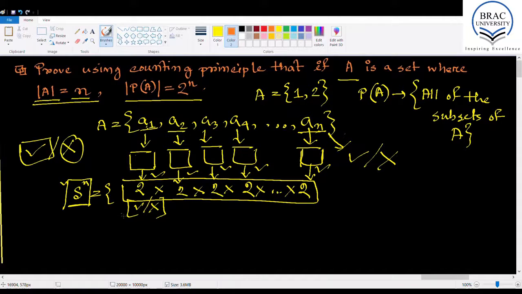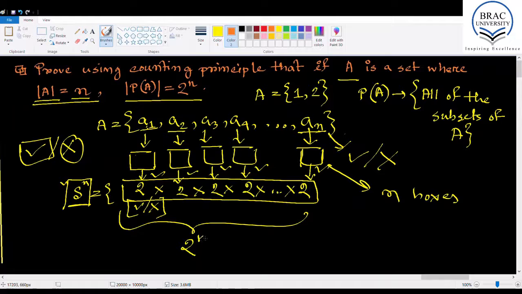So how many 2's are there? Since there are a total of n boxes, there will be n 2's multiplied here. So the total number of subsets of A will be 2 to the power n.